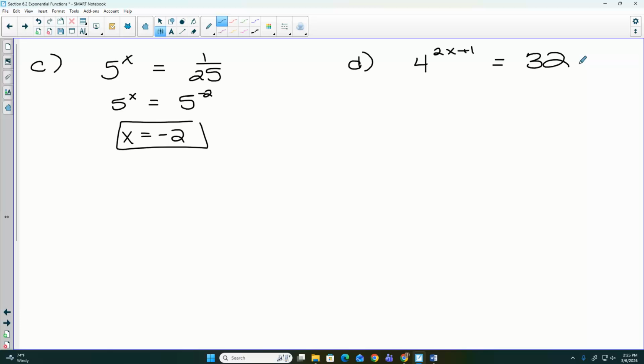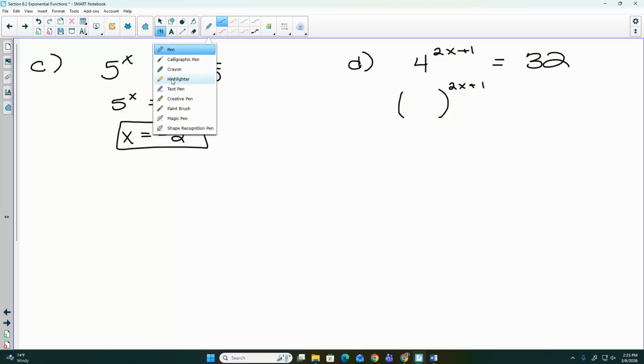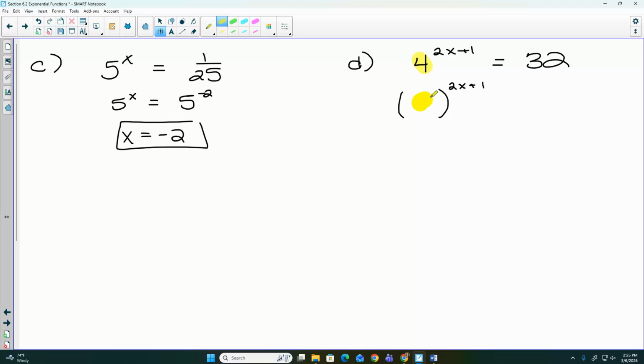Does 4 to a power equal 32? No. So what can I do? We can take it down to 2. We're going to have to change both of them here. Now this 4 already had an exponent. I'm just going to put that on the outside. I'm only working on the 4 right now. 4 is the same thing as 2 squared.